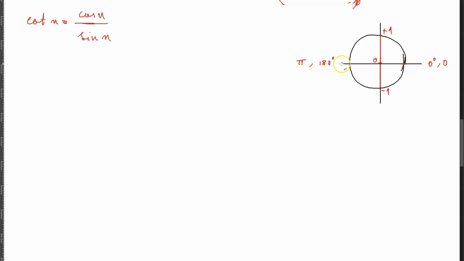That means that I can say that wherever you have integral multiples of pi, meaning an integer multiplied by pi, at those angles sine of x is going to be equal to 0.